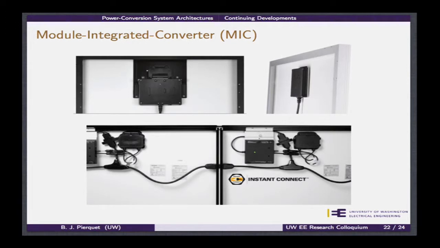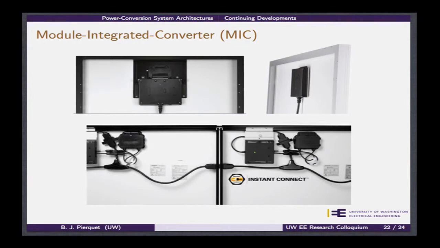The direction this is moving, and has for a while, is essentially to remove this junction box where all of the little connectors of all of the strings essentially collect, and mount the box right there. Not only do you get rid of the junction box and these cables that go in, you essentially have a nice modular system that if it fails, you can pull it out and put it back on.